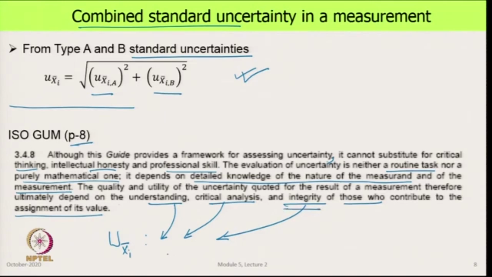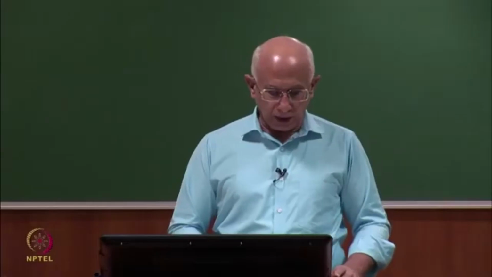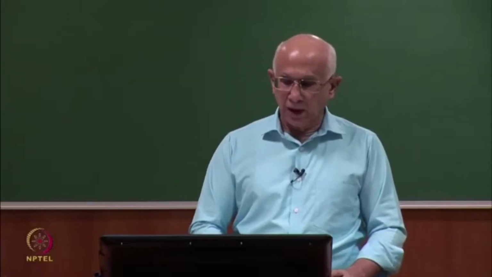This thing also requires, as I mentioned in one of the lectures, that we should be always conservative and of course honest in reporting what the uncertainty is. Conservative means we always report on the higher side. It may show us in a slightly bad light, but it does not matter, at least we are being honest. So, with that we summarize what is there in the ISO approach.